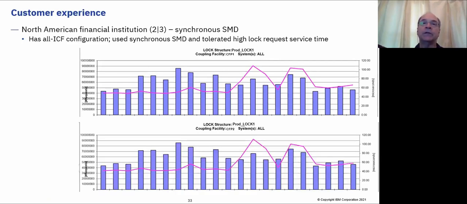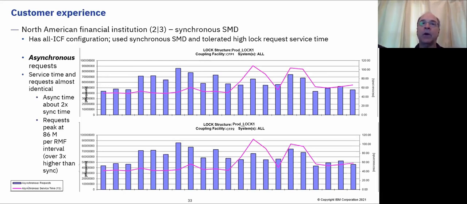The next chart is the same situation. It's still synchronous SMD, but now I'm looking at the asynchronous requests to the coupling facility. We're still doing synchronous system managed duplexing, but XCF is converting a large number of requests to a lock structure to asynchronous requests so that the host CP can be dispatched to do other work. For these asynchronous requests, the service times are almost identical. Those pink lines have almost exactly the same shape.